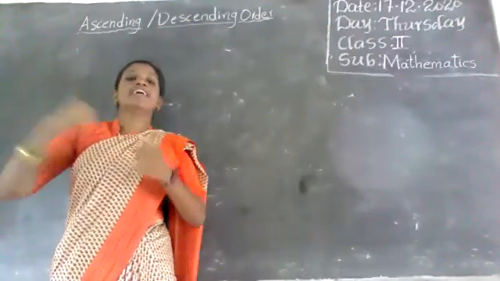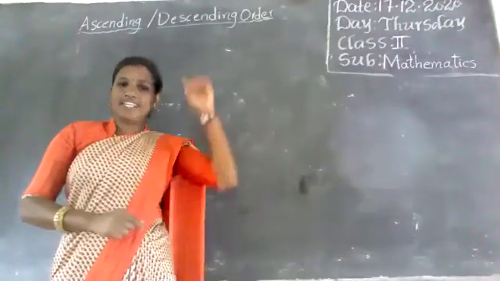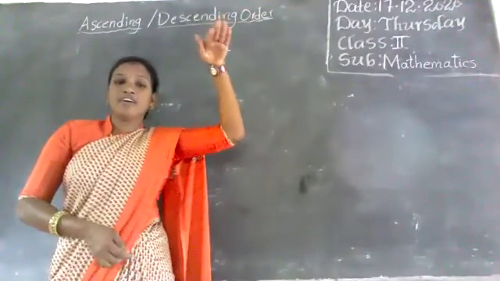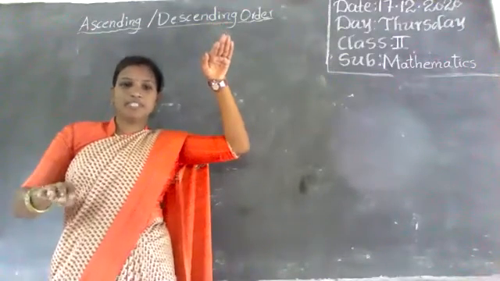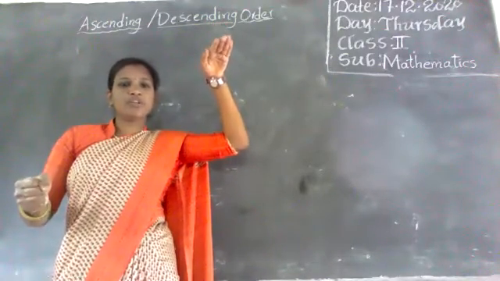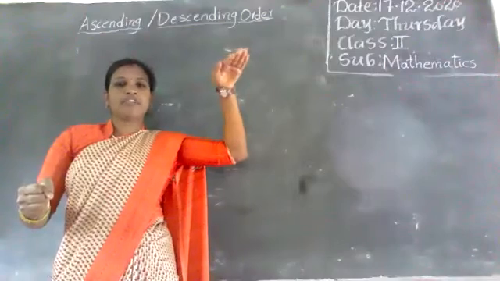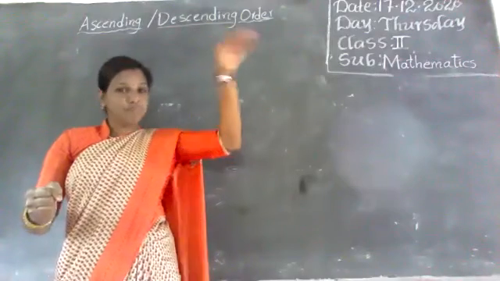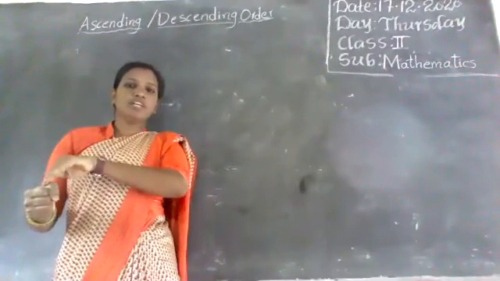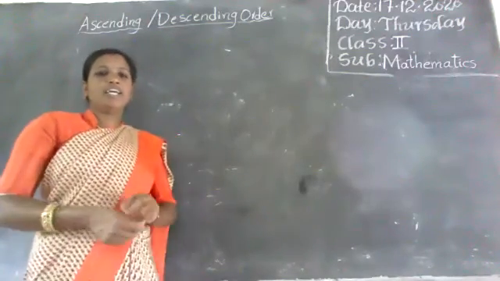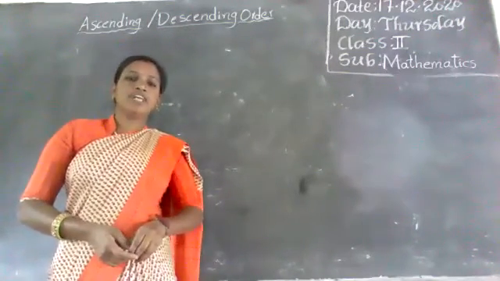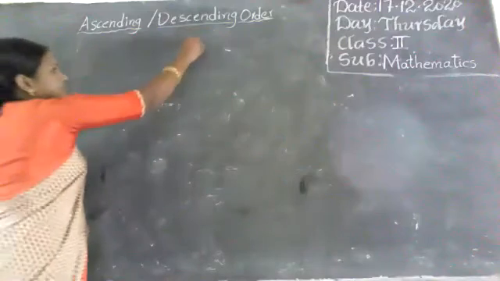And descending order means biggest number to smallest number. We arrange the numbers from biggest to smallest. Did you understand? Okay. Let us see some examples.